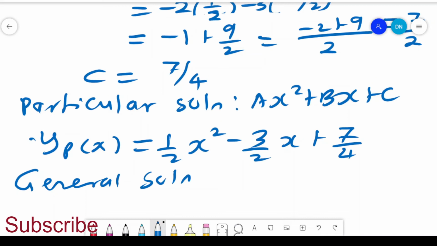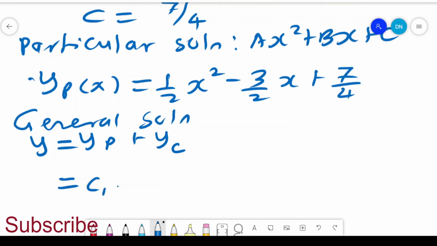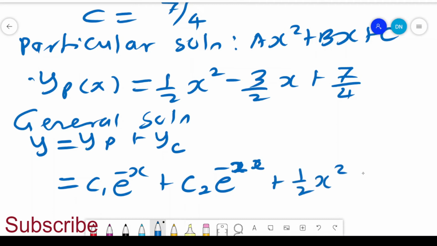The general solution is given by the particular solution plus the complementary solution: c1 e raised to minus x plus c2 e raised to minus 2x plus a half x squared minus 3 over 2 x plus 7 over 4.